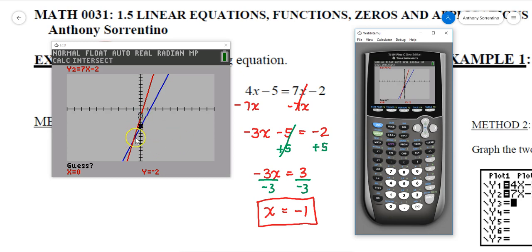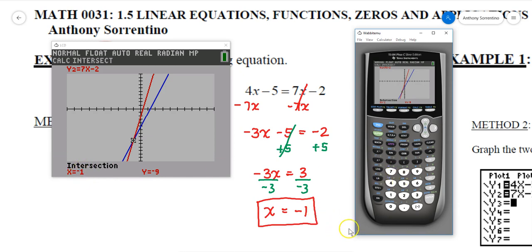But since there's only one possible intersection between these two graphs, I really don't have to do that. And as you can see, x equals negative 1 is the solution. It makes both sides equal to negative 9, but it's the value of x being negative 1 that makes this happen. So there's one way we could check that answer.